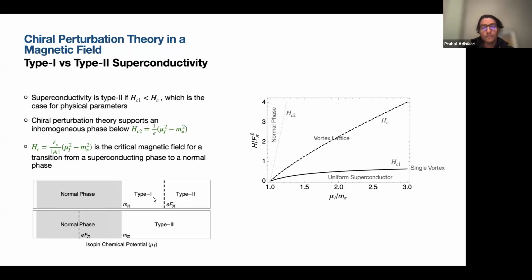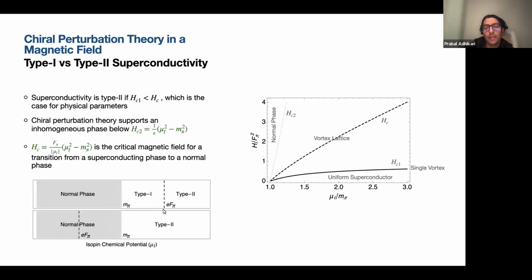So what this is basically saying is that either the cost of going into the vortex phase is cheaper, or the cost of going into the normal phase is cheaper. If EF pi resides here, then it's cheaper to go into the normal phase, which is what happens in this scenario.